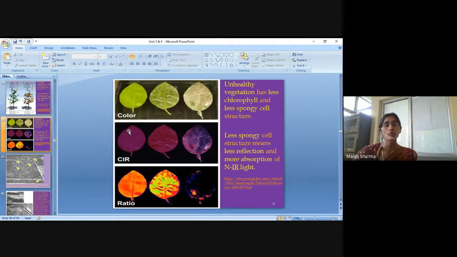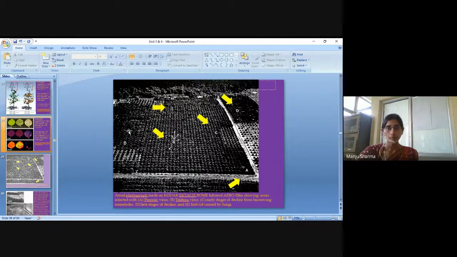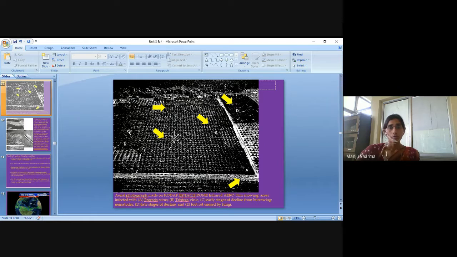So here also, unhealthy vegetation has less chlorophyll and less spongy cell structure, which means less reflection and more absorption of light.